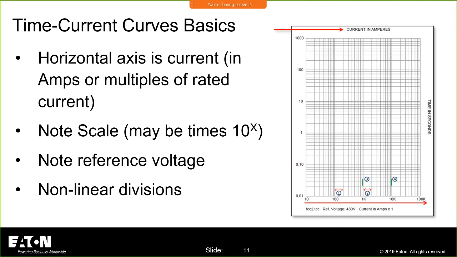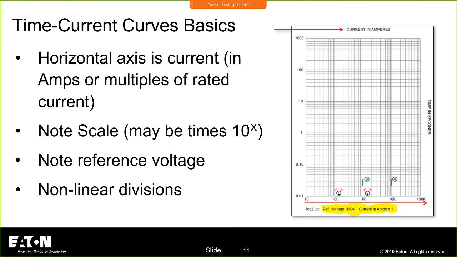So in any case, you'll always want to reference as well. Here's an important part of the pie, down here on the bottom where it says current and voltage, reference voltage. You always have to look at the bottom of any time current characteristic curve to put this into perspective.